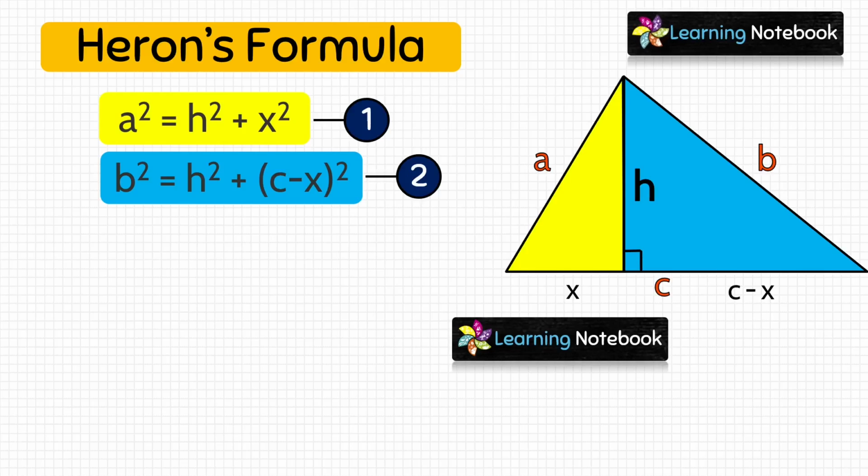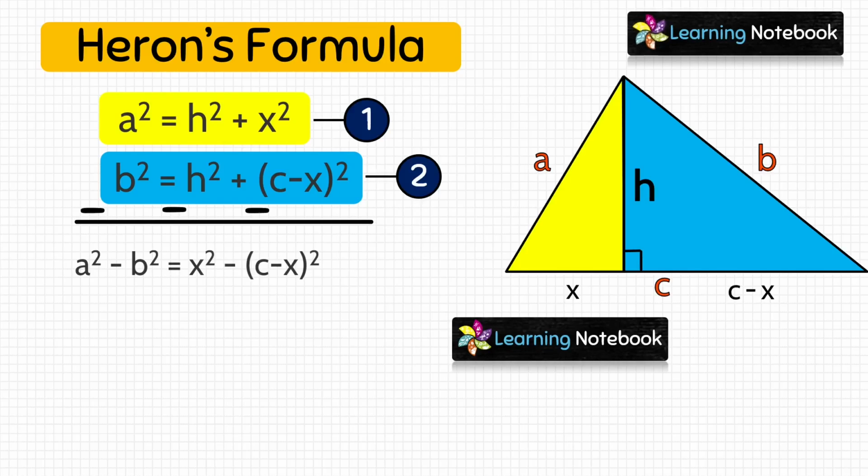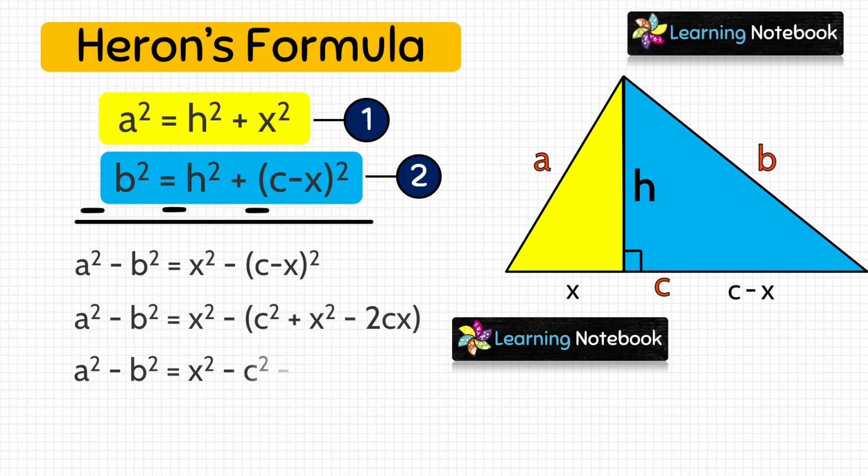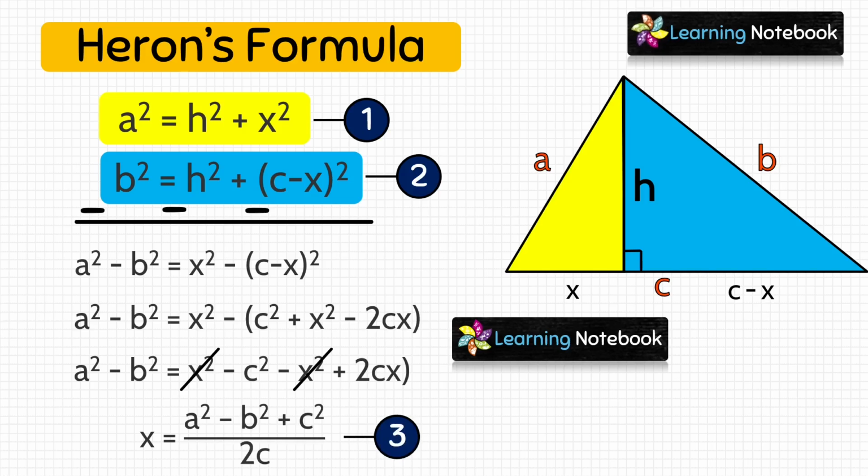Now let's subtract both the equations and get the value of x in terms of a, b and c. So we get x equals a square minus b square plus c square upon 2c.